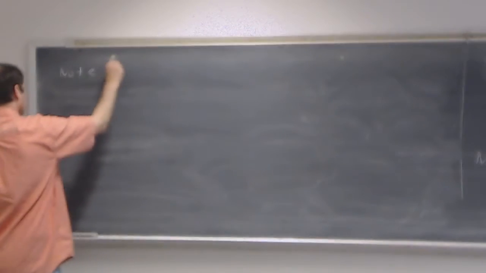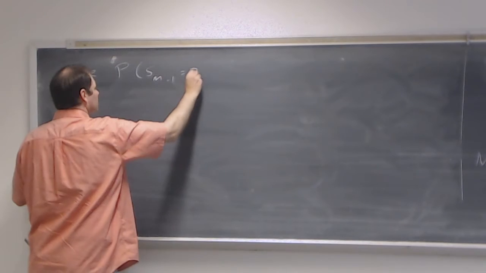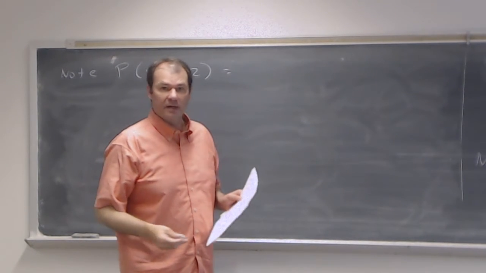Okay, so note the probability S of M minus 1 equals 2, again, by our corollary.